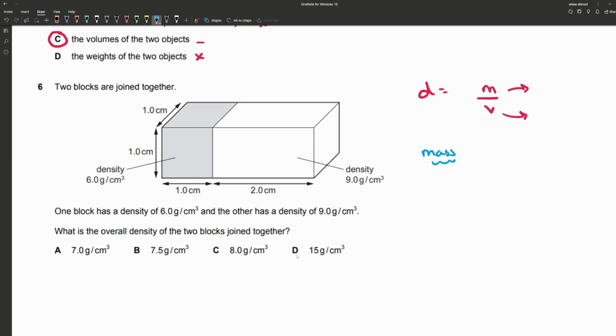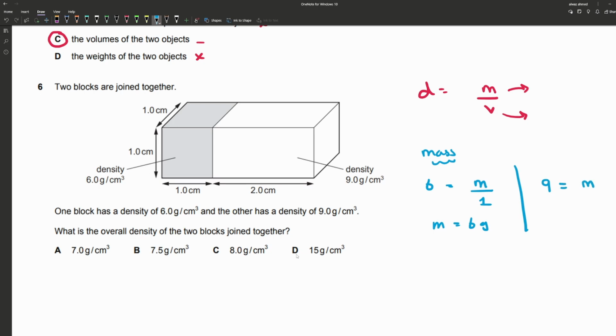So let's solve for mass first. The mass of this gray box we're going to calculate by using its density. They have told us that the density for this box is 6 grams per centimeter cube, and we need to calculate the mass, and the volume is 1, so we know that the mass is 6 grams. Now for the other white side, we've got the density as 9 grams per centimeter cube.